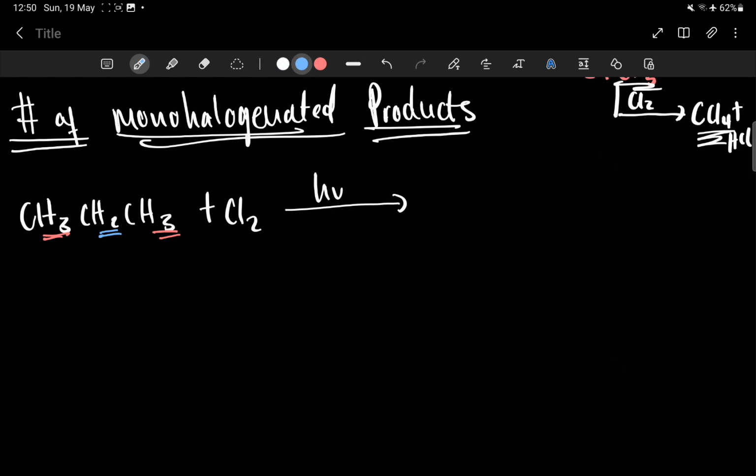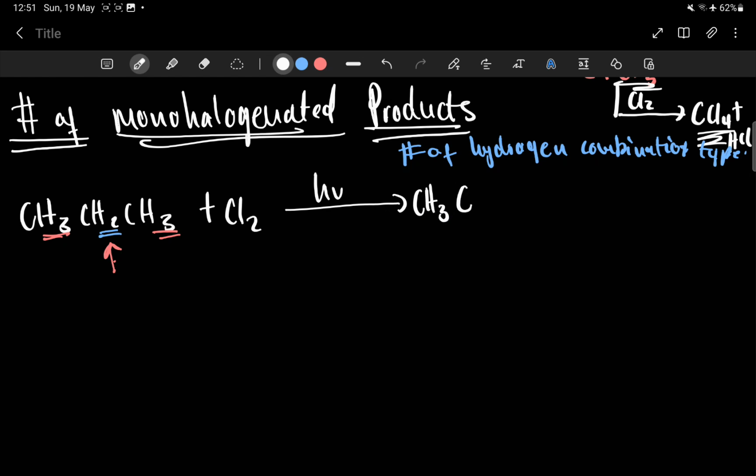So the number of products depends on the number of hydrogen types, the hydrogen combination types. Is it CH2 or CH3 or CH? In here we have 2, so we're going to get 2 types of products. In the first product, Cl goes on the CH2, so it's CH3, CHCl, CH3.